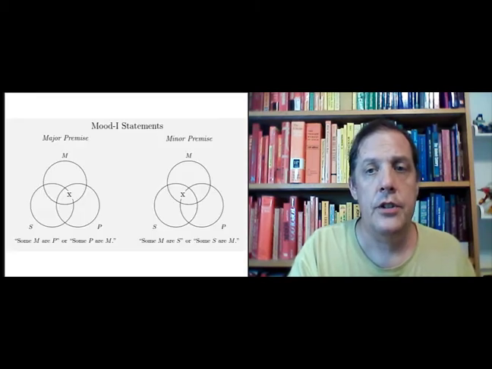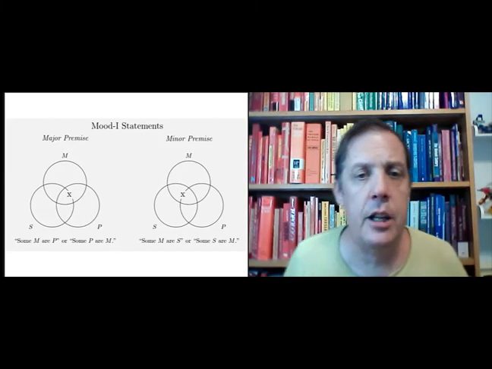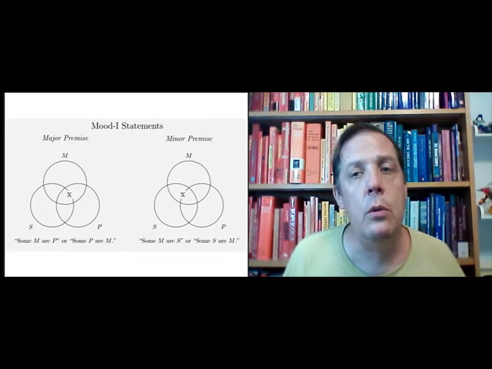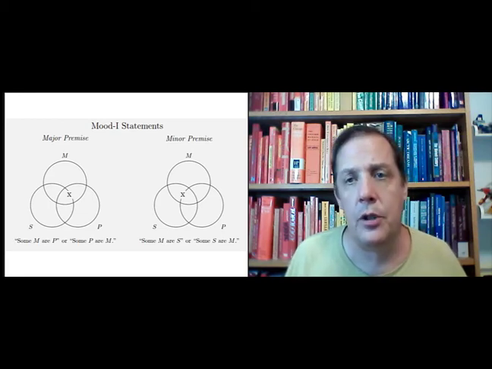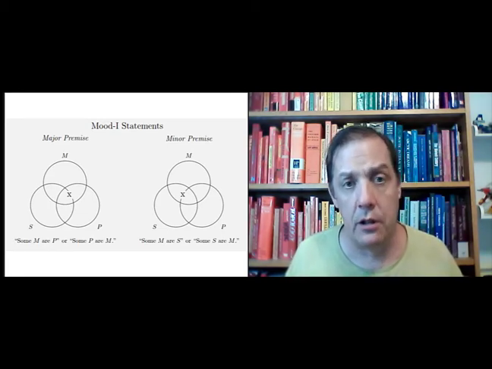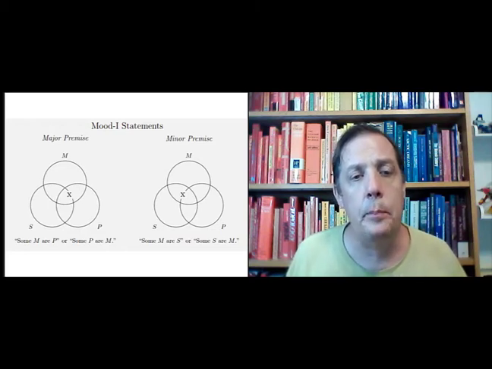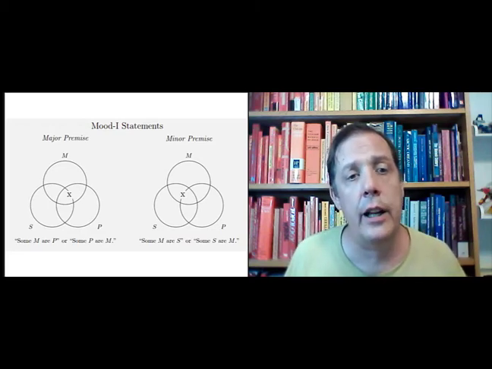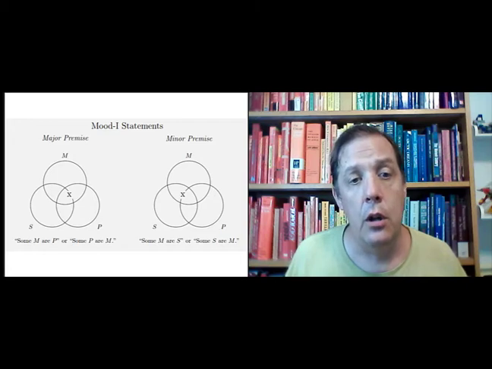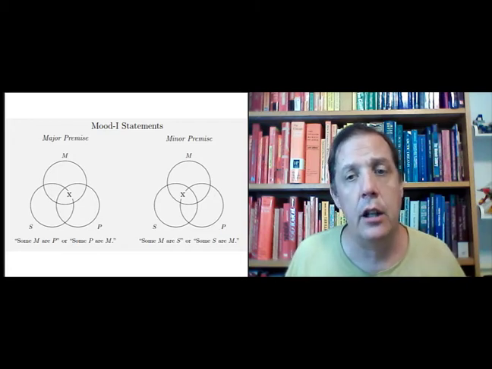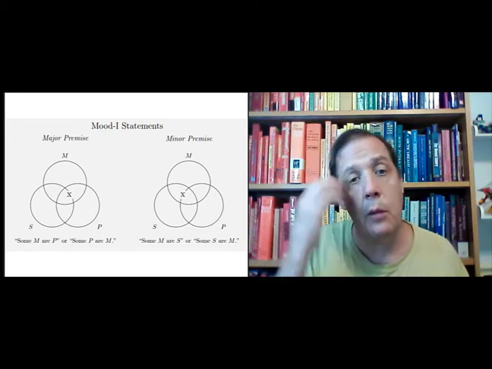All right. So for particular statements, including mood I and mood O, when you are just drawing it on its own without any previous shading, you're always going to wind up putting it on a border.